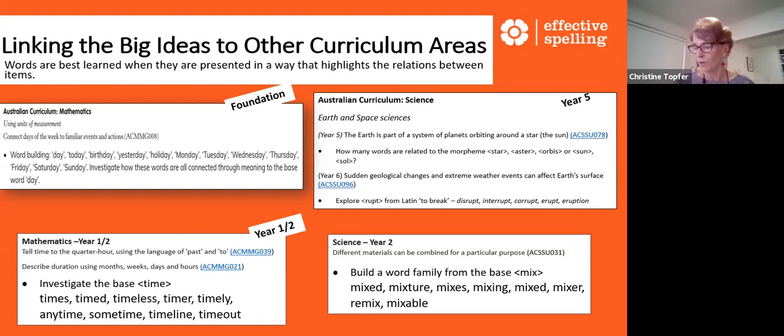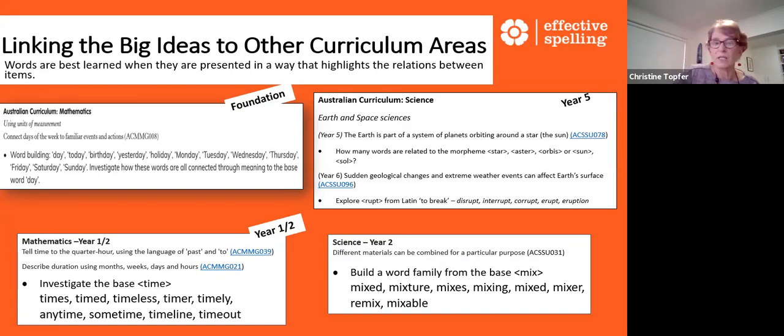Because as I said before, all words belong to a family, or there are a few outliers that don't have any other relatives. But when you're looking in the learning areas, the language and the words students are going to be using, they're the ones that you want to be studying and exploring, because they're going to need to be able to write those when they're demonstrating their understanding in some way.